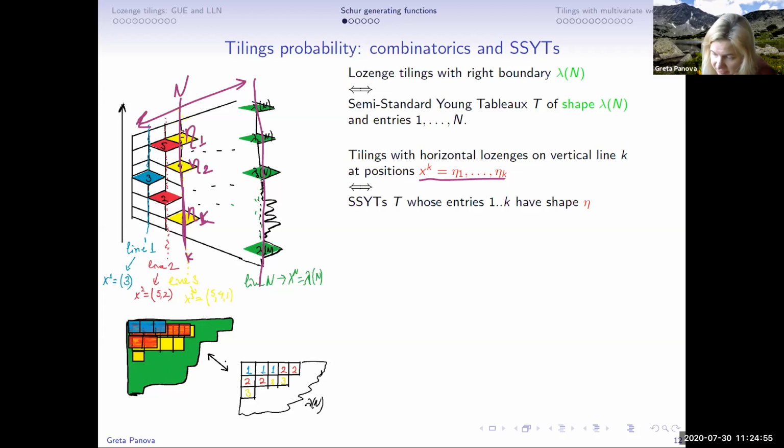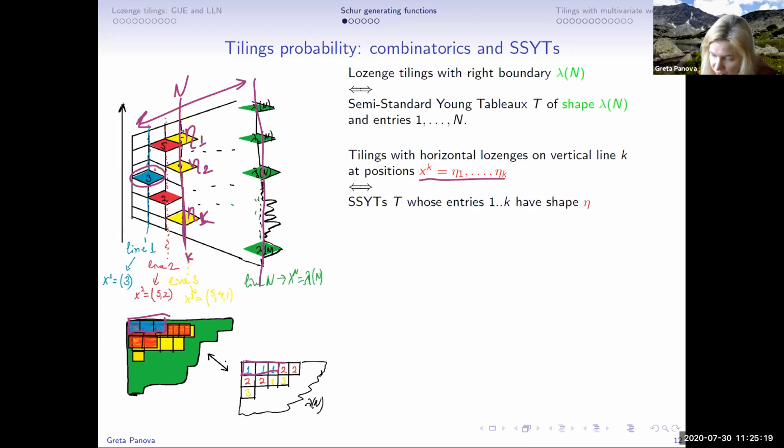So we take the first line, we look at the horizontal lozenge that we see here, and it's some number, in this case 3. So we are gonna draw 3 boxes. These are our blue boxes right here, and we're gonna fill them with the numbers 1, 1, 1.